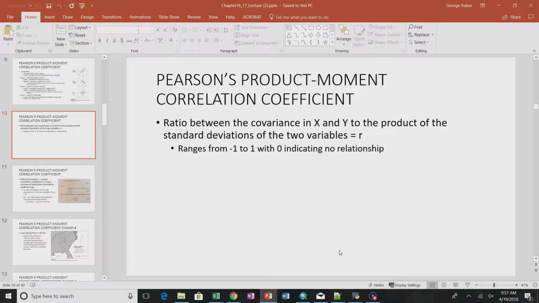the correlation coefficient, which is sometimes just labeled, well, in statistics we used to use R to represent the correlation coefficient. The correlation coefficient is the ratio between the covariance in X and Y to the product of the standard deviation of the two variables. And then just from 0 to 1.